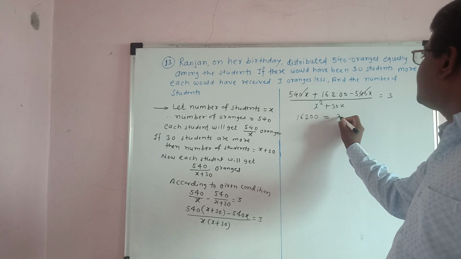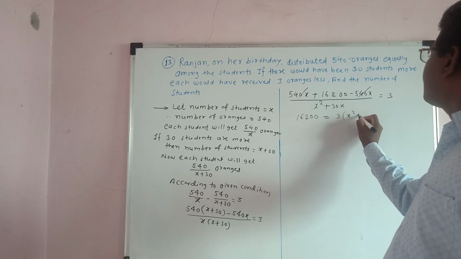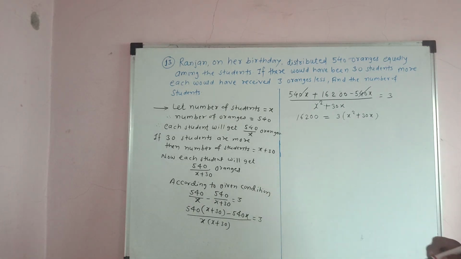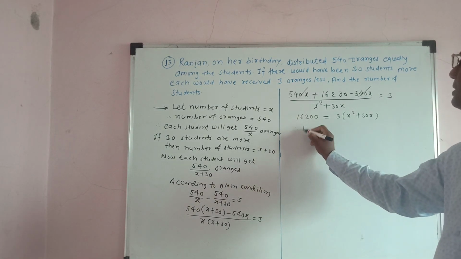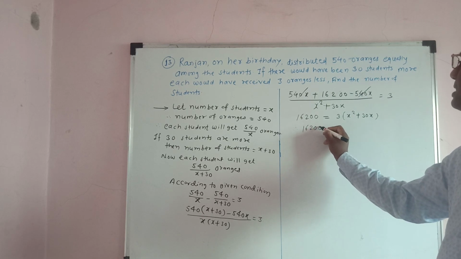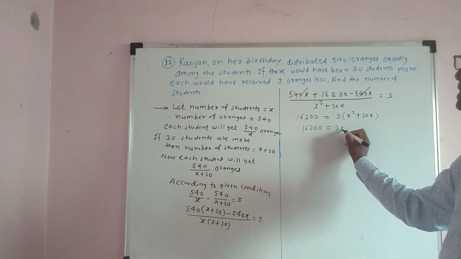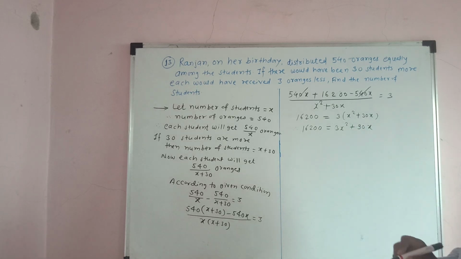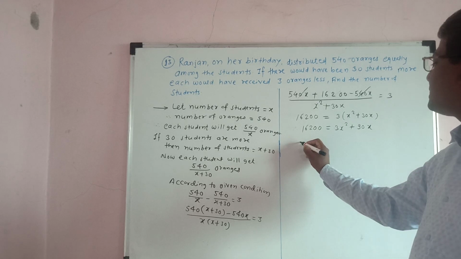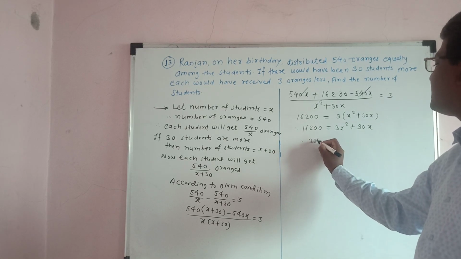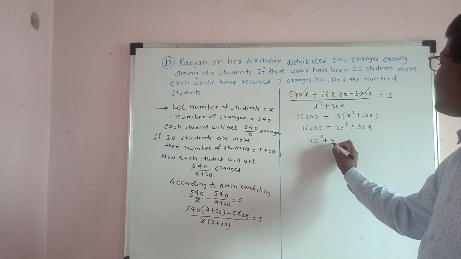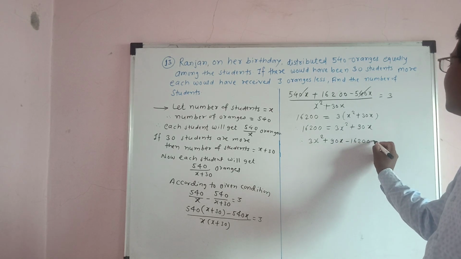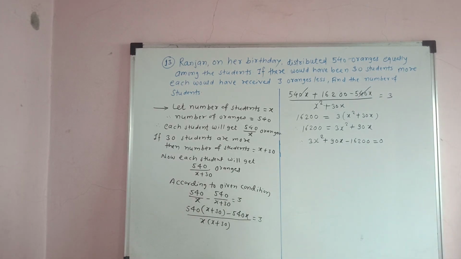Now take cross multiplication. 16,200 is equal to 3 in bracket x square plus 30x. Therefore 16,200 is equal to 3x square plus 90x. Therefore 3x square plus 90x minus 16,200 is equal to 0.